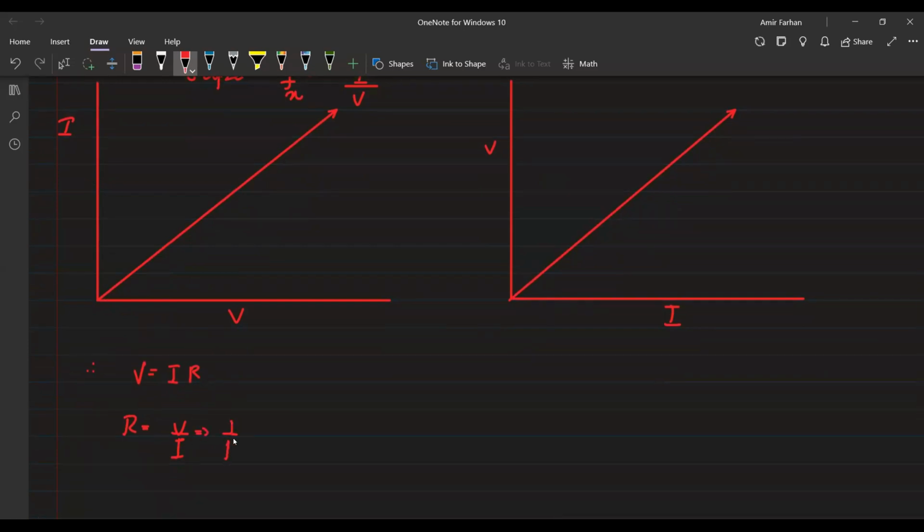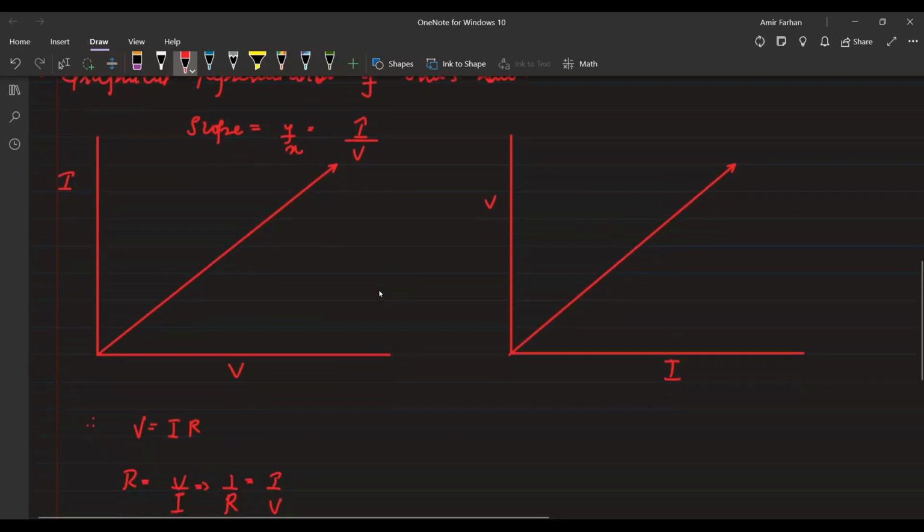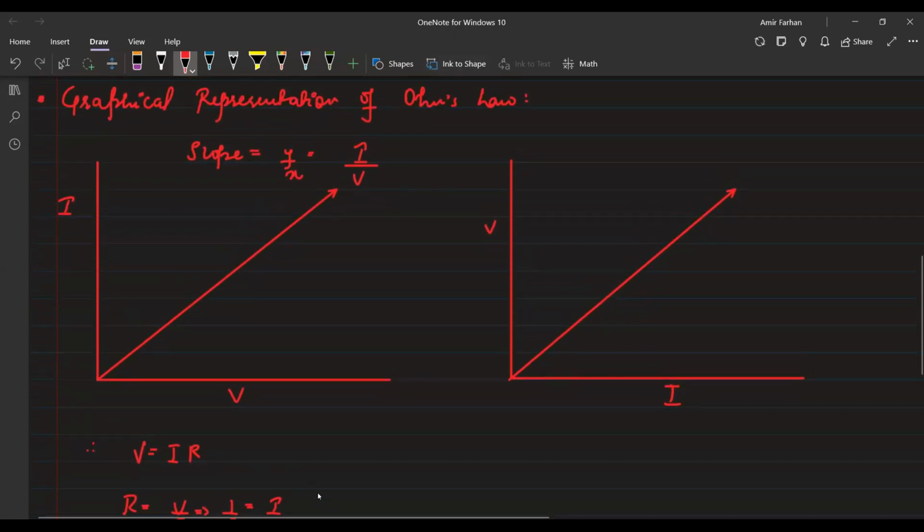It would be 1 by R equals I by V. So here I by V is the value that comes out in this graph. That value will be equal to 1 by R. It means that the slope of this graph is giving you the reciprocal of resistance.